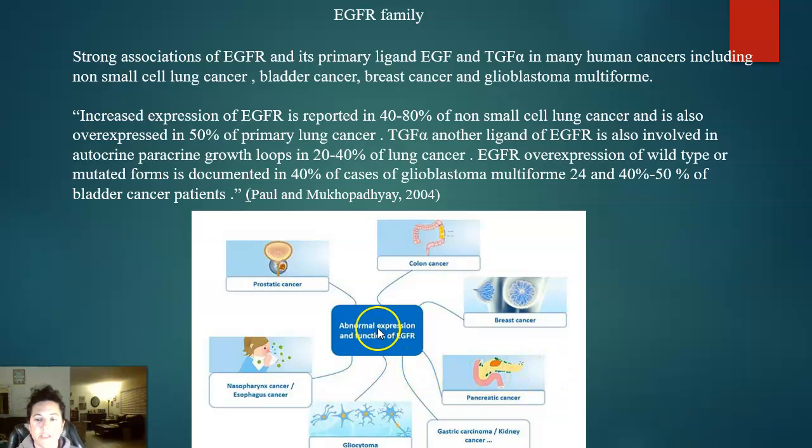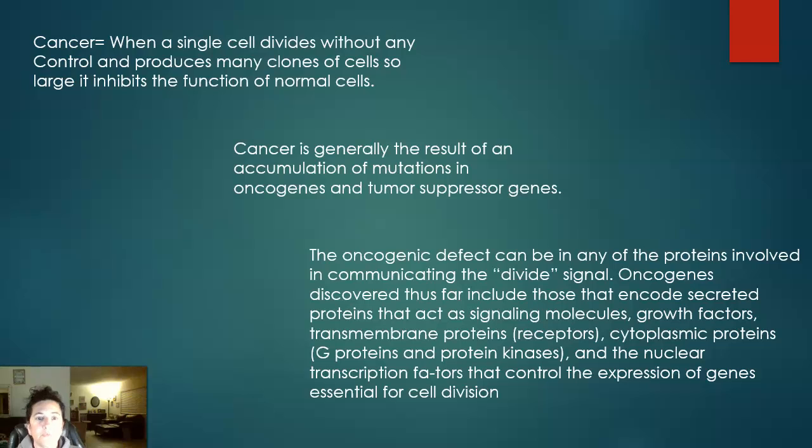So as I had mentioned, it's just a visual here of the various kinds of cancers that can be expressed by these various receptors. By definition, cancer is when we have a single cell dividing without that control and regulation by the RTKs.